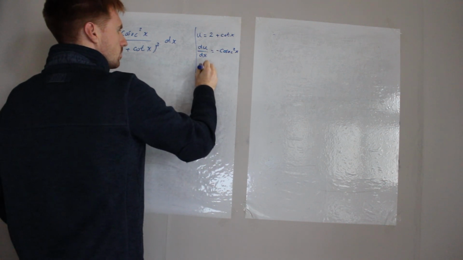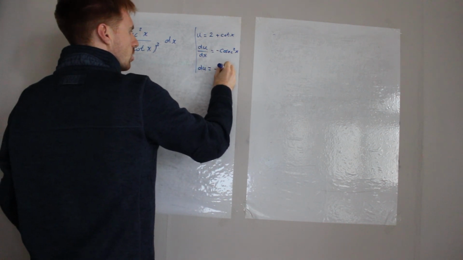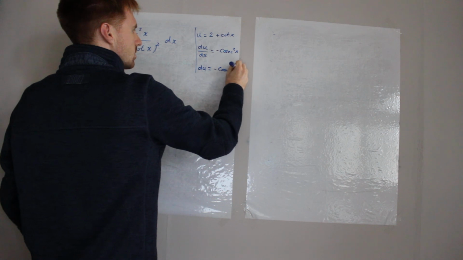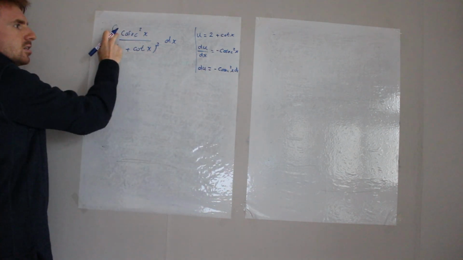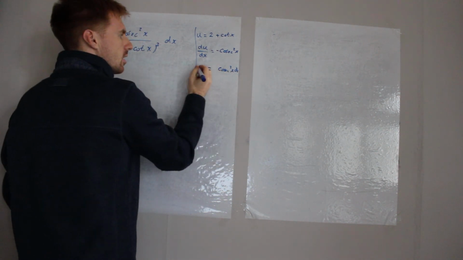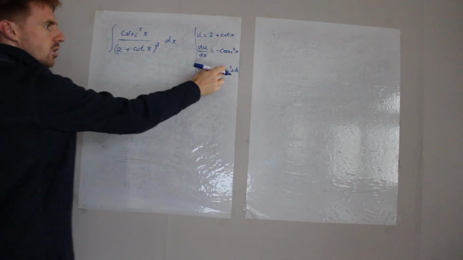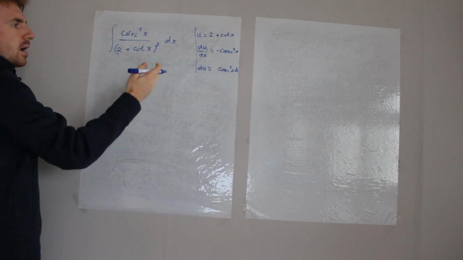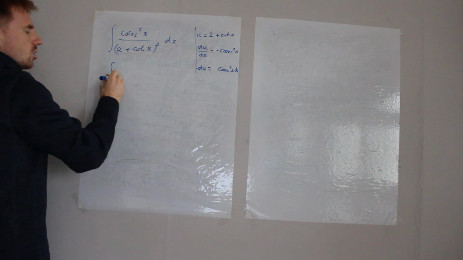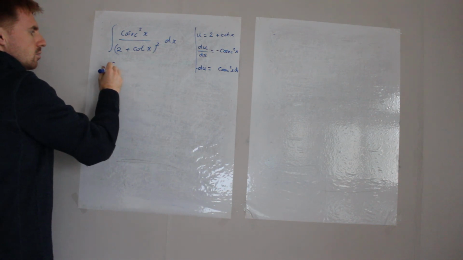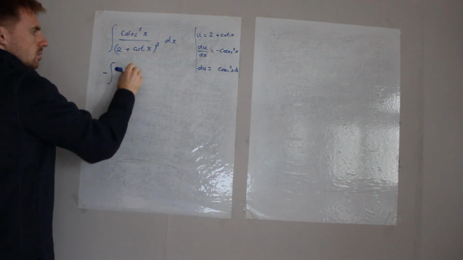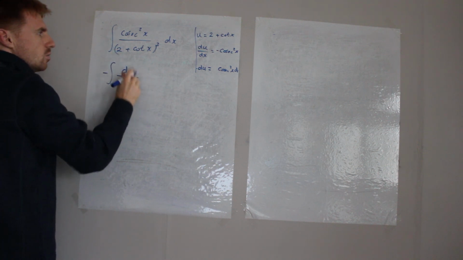In other words, du is equal to minus cosec squared of x dx. This isn't negative though, so I'm going to put the negative over here. So cosec squared dx is now minus du. That means on the top I'm going to have minus du, the minus outside, and on the bottom I'm going to have my u, 2 plus cot x.